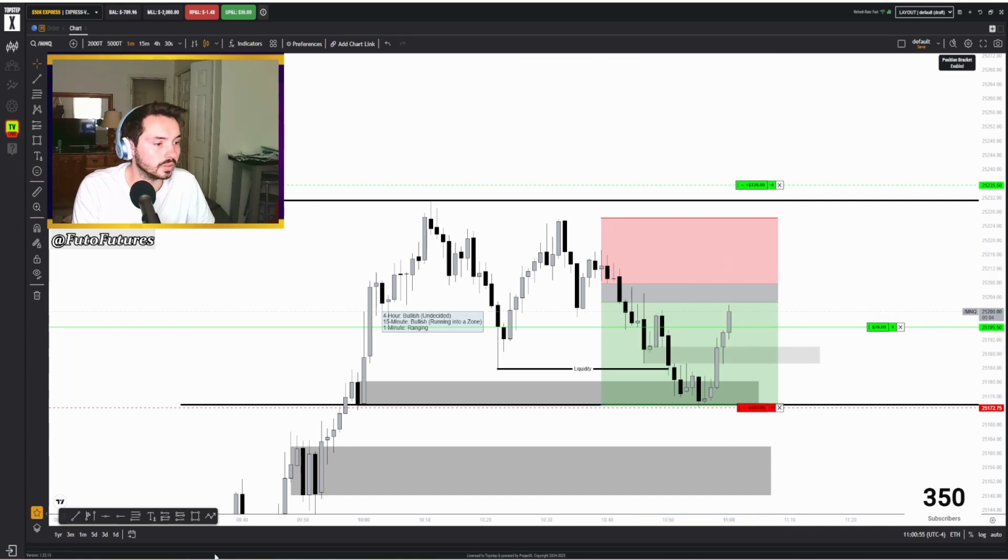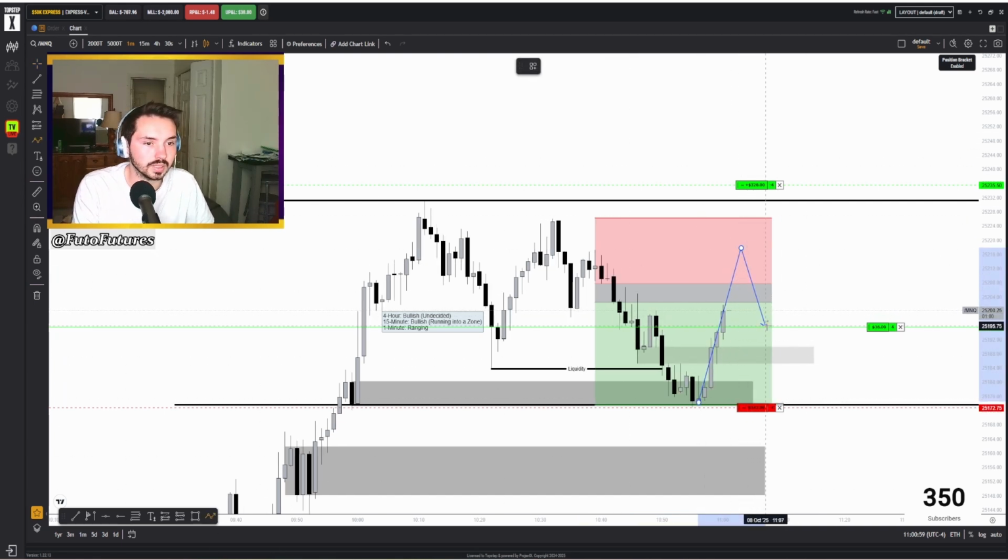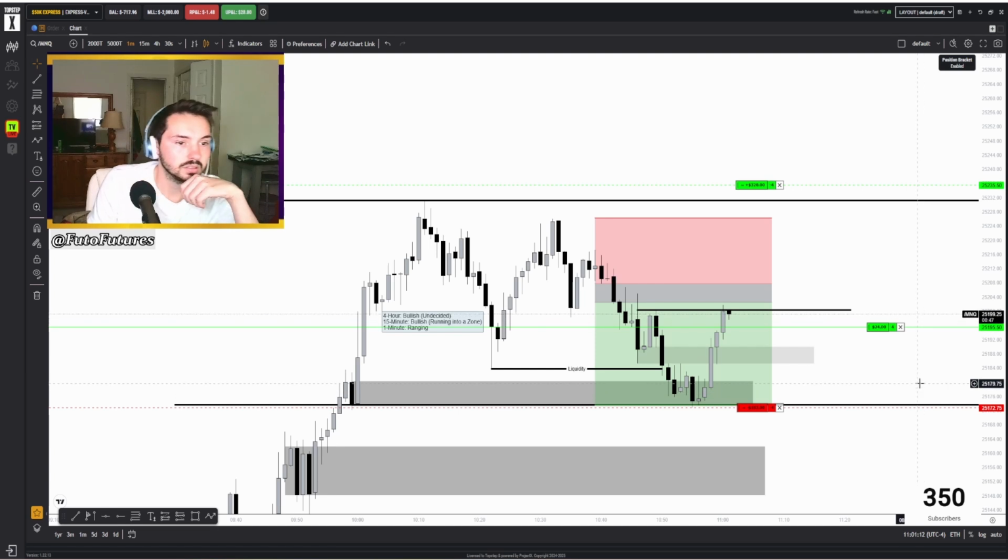So it's either going to do this. It's going to come up, bounce off of it and then come up and grab this liquidity, or it's just going to reject straight off of this. Because this is the only liquidity it technically has to grab right here. So we'll see if it holds.